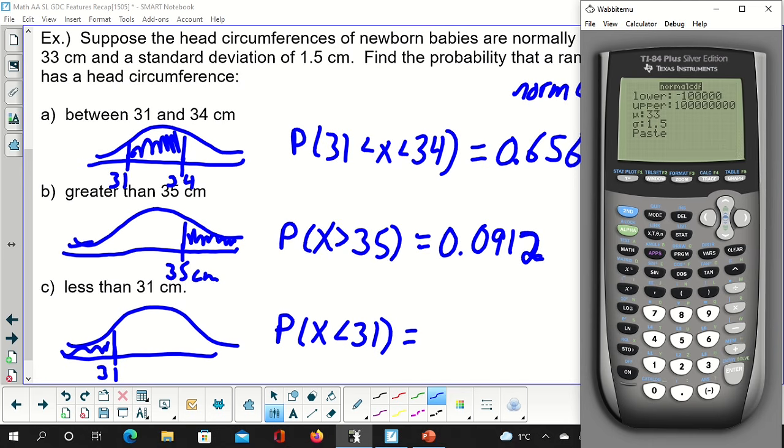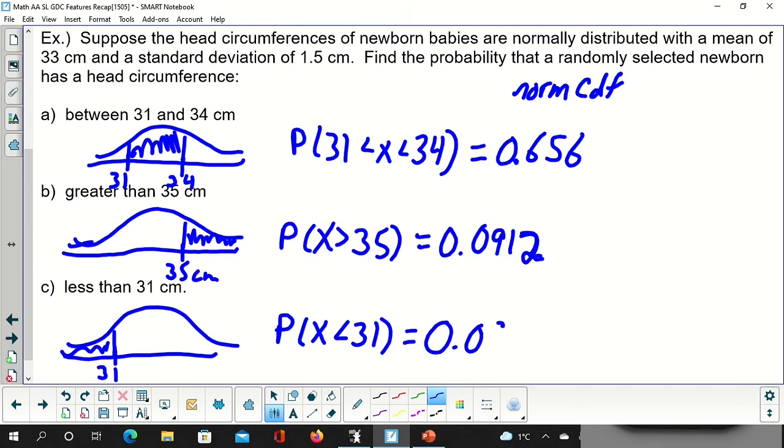Okay. If you put in 0, it'll probably still work out the same to 3 sig figs. The upper boundary here is 31. Everything else is the same. And we get 0.0912. And that's because both of these values, 35 and 31, are an equal distance from the mean. So there's some symmetry going on. But you can just plug it into your calculator and chug.